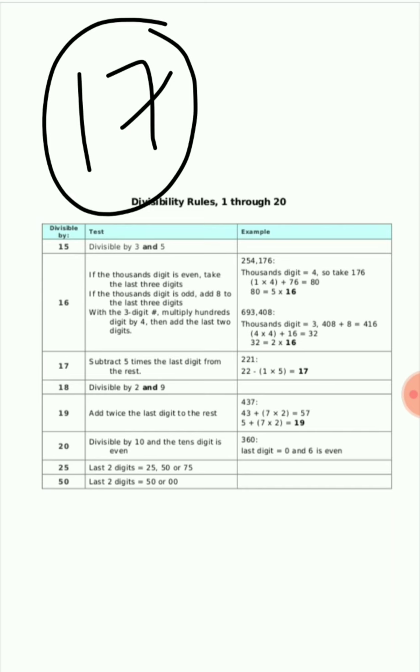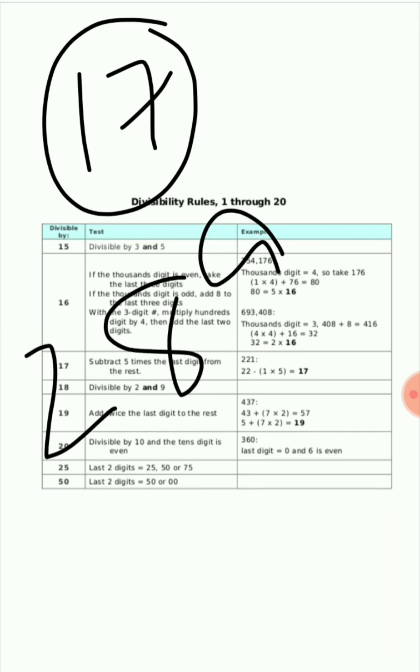Let's take an example. 289. Is this divisible by 17? How can we check it? We subtract 5 times the last digit from the remaining number. The remaining number is 28 and the last digit is 9. 5 times 9 will be 45.